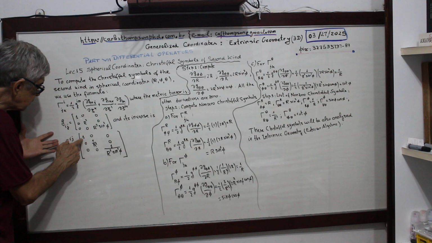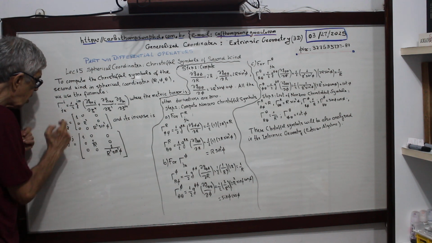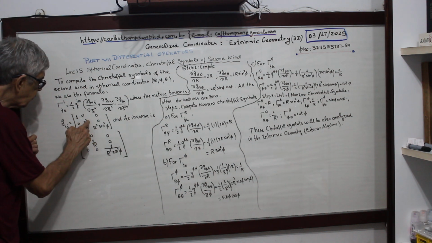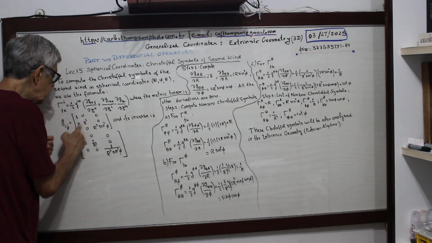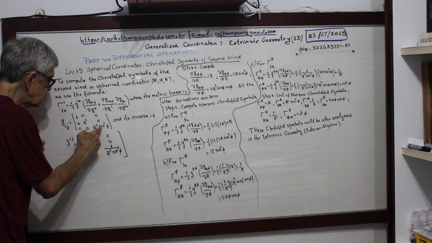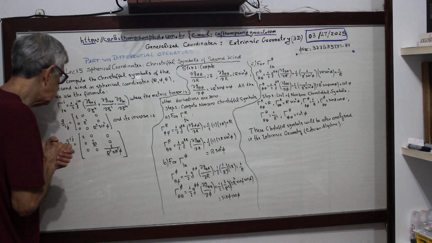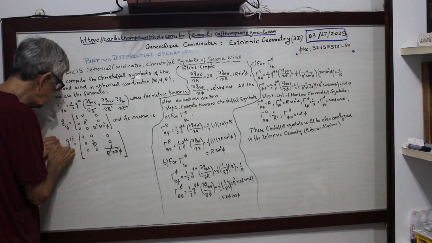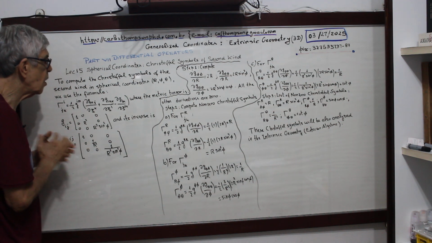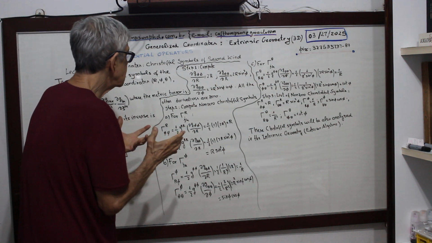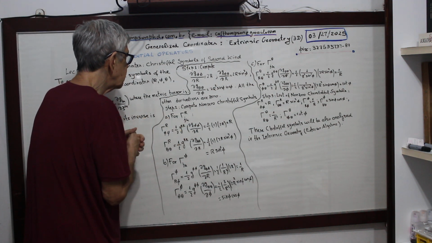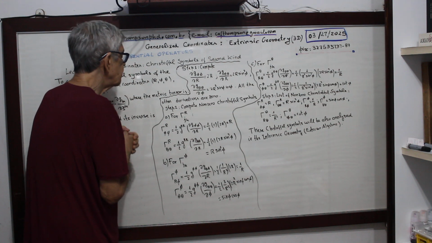Likewise, this is 1 over G_RR, 1 over G_phi, and this is 1 over G_theta. Okay, that's the inverse of here. We already discussed this. Now let's apply to the non-zero Christoffel symbols.